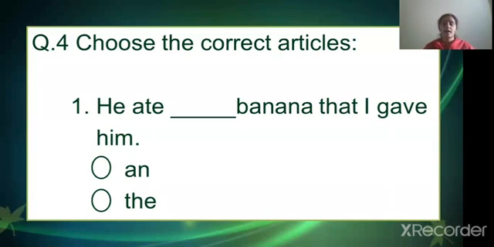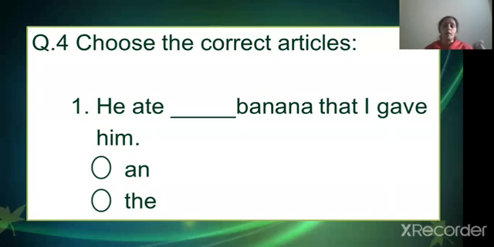Choose the correct articles. We have to choose correct articles for the nouns given here. He ate dash banana that I gave him. Here the options given are a, an, and the. Now which is the correct option here?